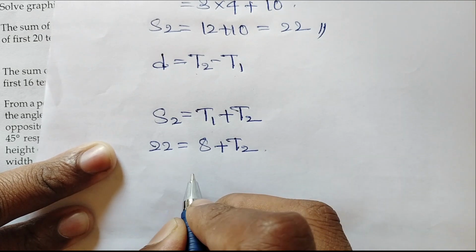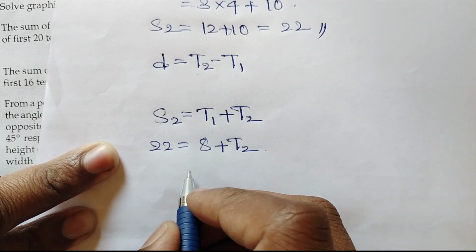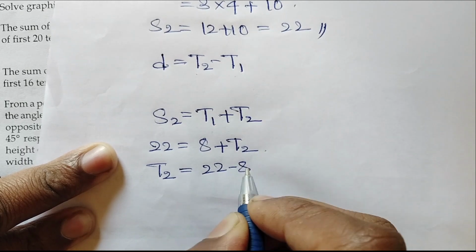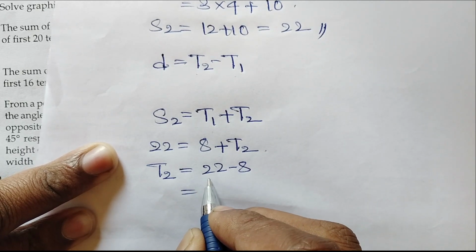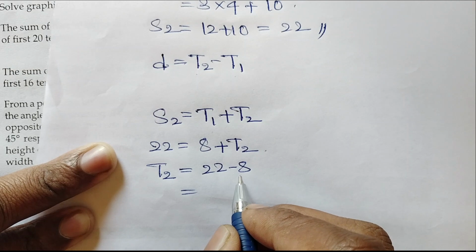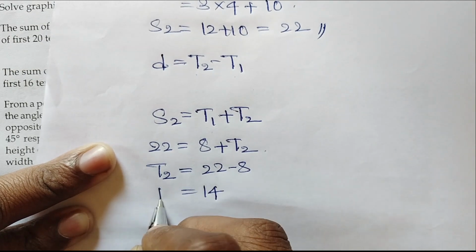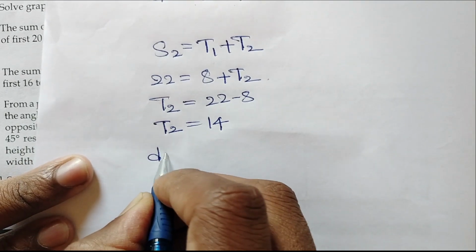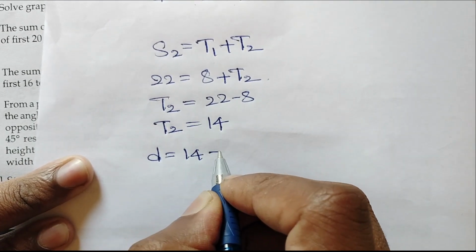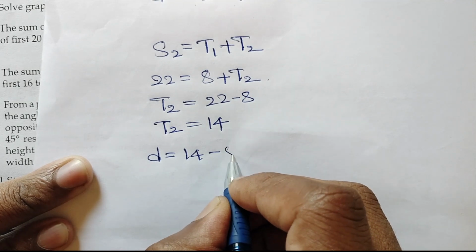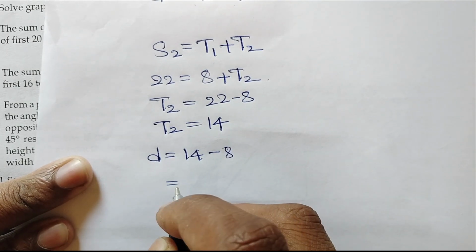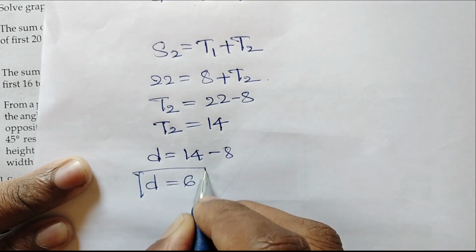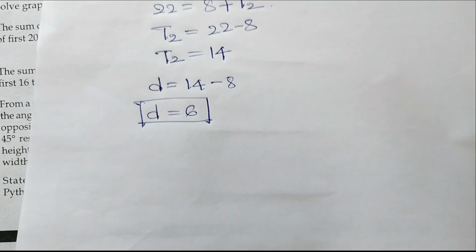So T2 can be found by 22 minus 8, that becomes 14. T2 is 14, so the difference is 14 minus 8, that is 6. The common difference is 6.